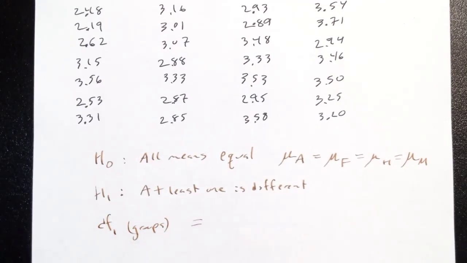What's the degrees of freedom in that case? Four groups, so there's 3.